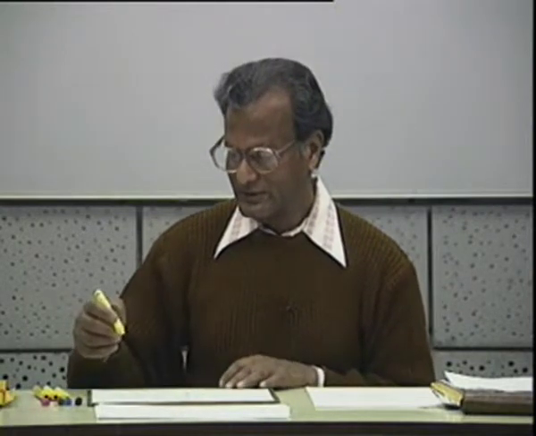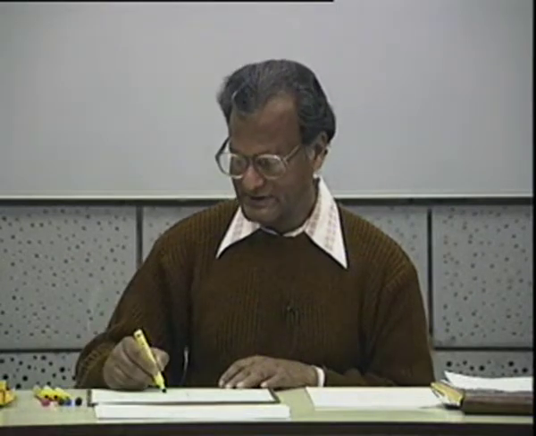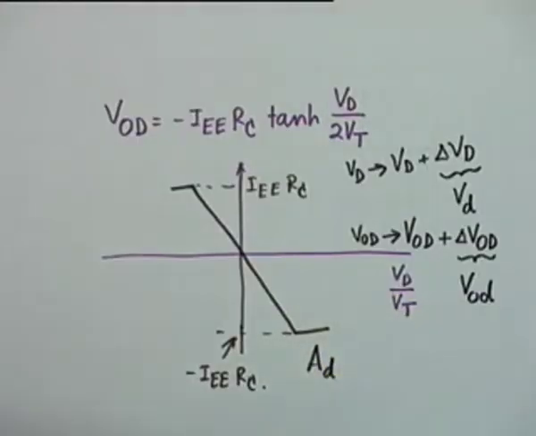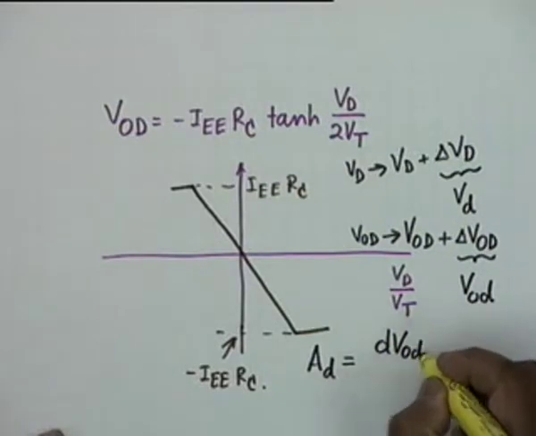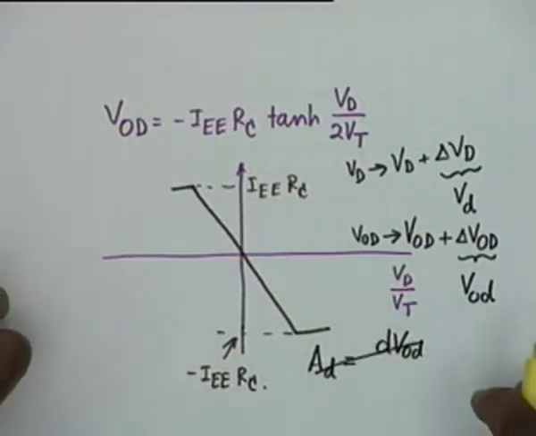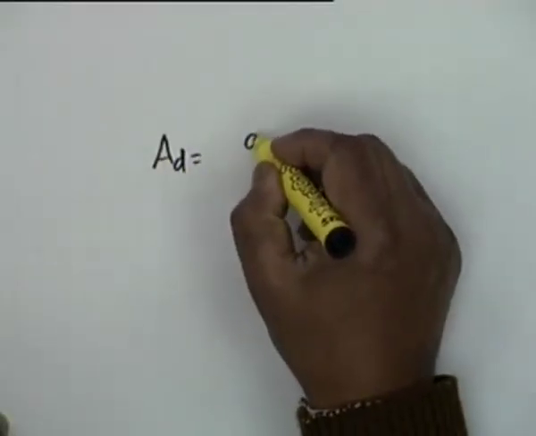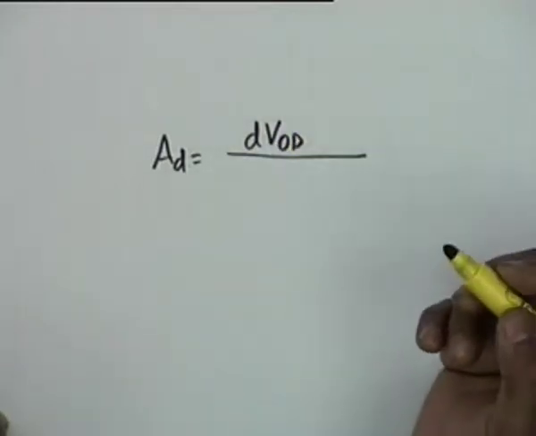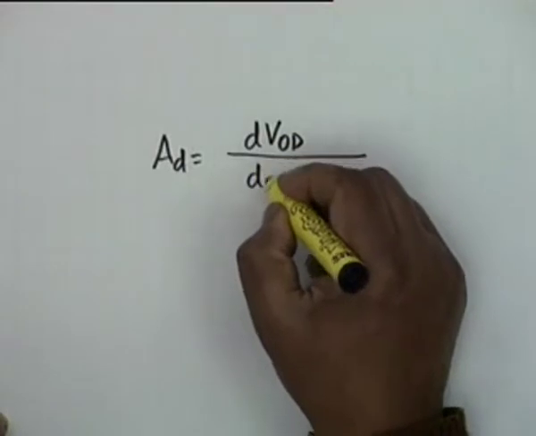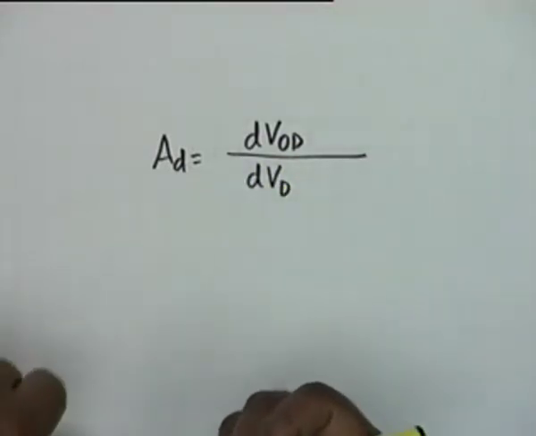Okay, now therefore the gain of the amplifier, which is AD, the differential gain, would be equal to dVOD, I beg your pardon, A sub D would be dVOD, that is a small change in the DC output due to a small change in the DC input.